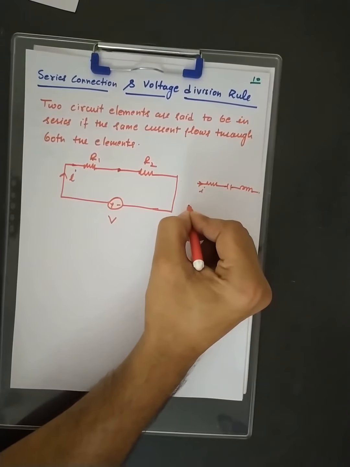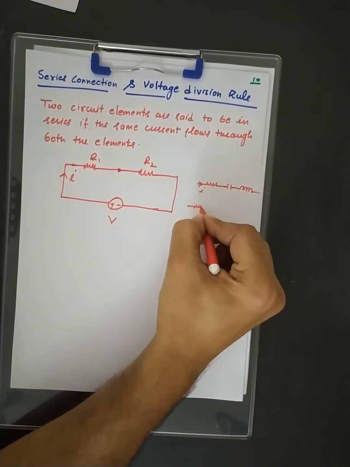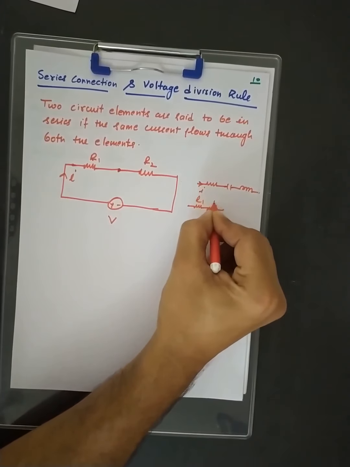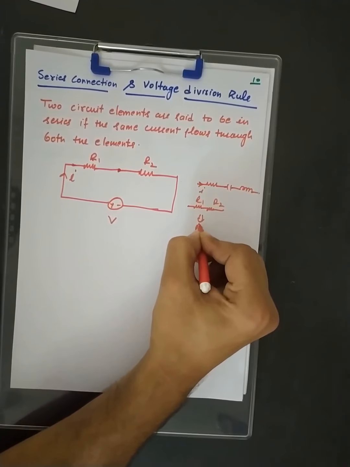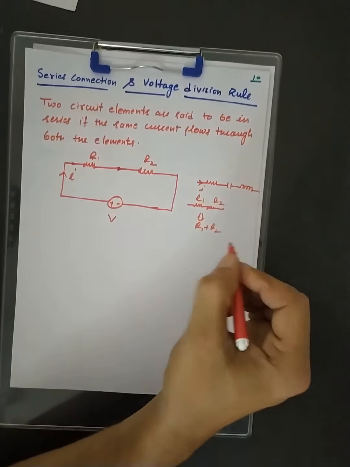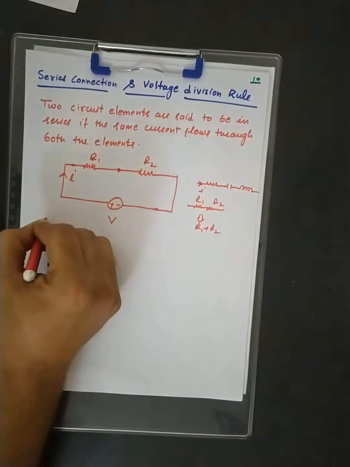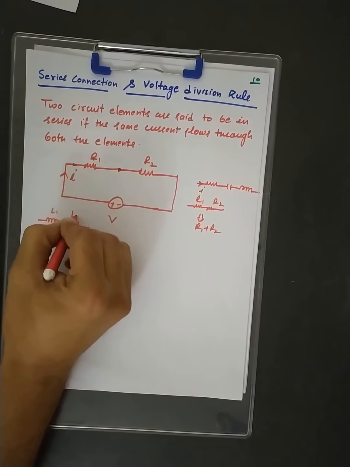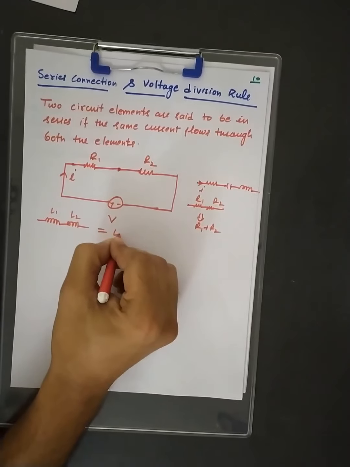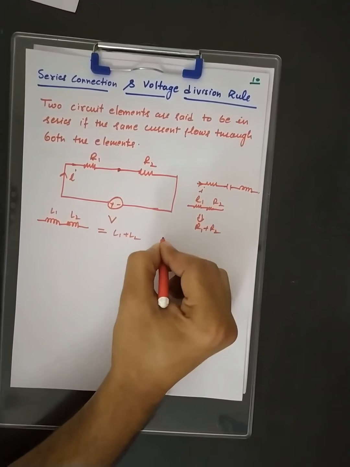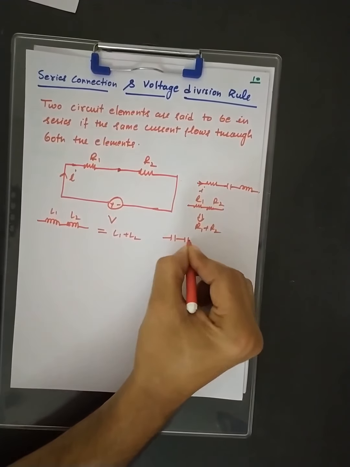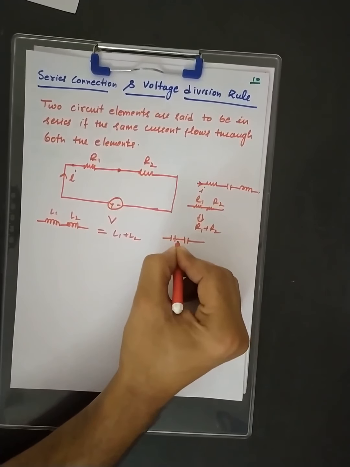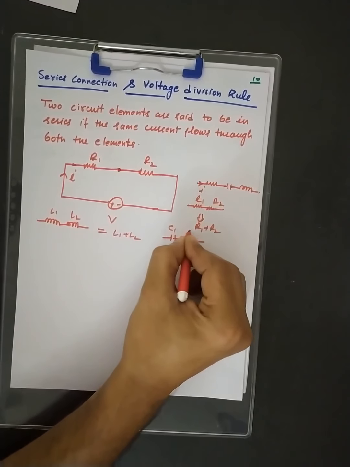Now the series combination, again I am taking the example of resistance. If this one is R1 and R2, its equivalent value will be R1 plus R2. Similarly, in the case of inductors, if inductors L1, L2 are connected in series, then total inductance is L1 plus L2. Similarly for capacitor, if they are connected like this, then equivalent of C1, C2.